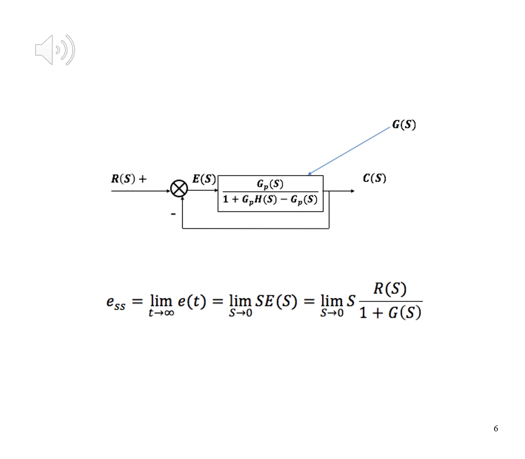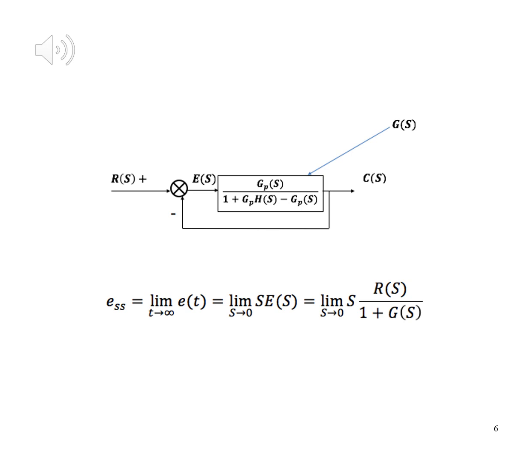The error here, which is the difference between the input and the output, is called the error, not the actuating error signal. The actuating error signal means that you have in the feedback a component which is H of S or whatever. But when you have a unity feedback, the error is called just error. We don't say actuating error signal.